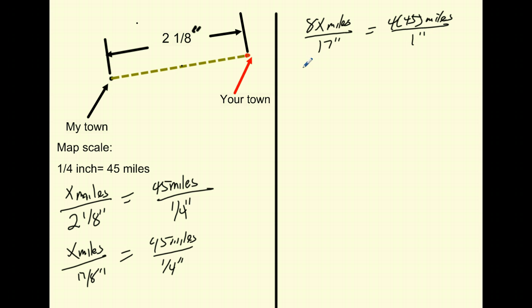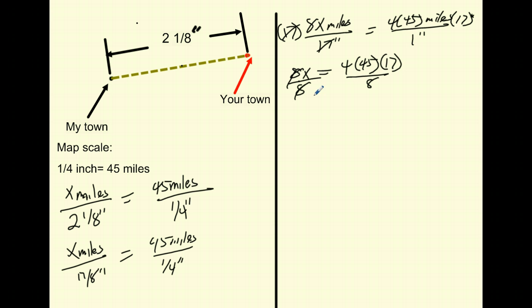And we don't need the 17 under the x anymore, so we multiply by 17 on both sides. The 17's cancel here, and inches cancel, inches cancel. So we get 8x is equal to 45 times 17. And then we divide by 8, divide by 8.